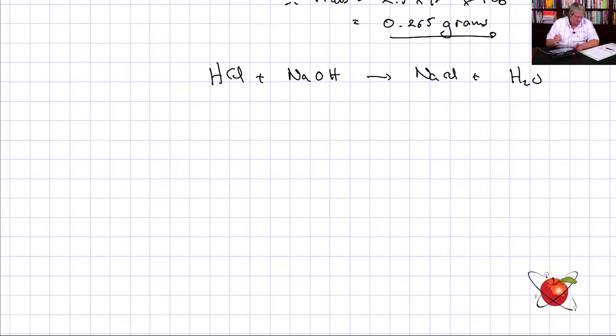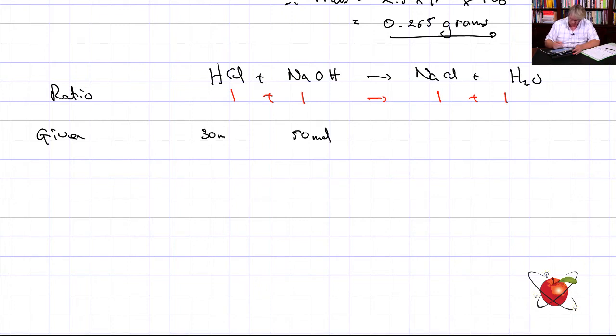Now, let's put down ratio first. The ratio in this case, just for a bit of change, it's going to be 1 plus 1 gives us 1 plus 1. Now, let's put down given. Given, we've got 50 mL of that, and we say 30 mL of this are used.